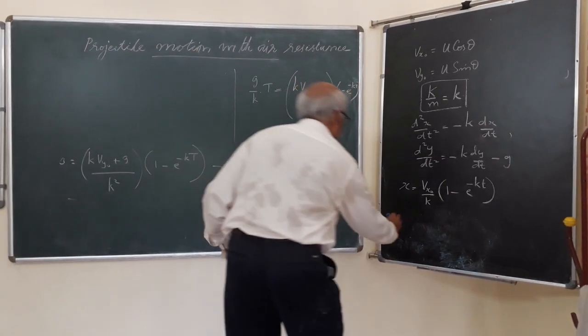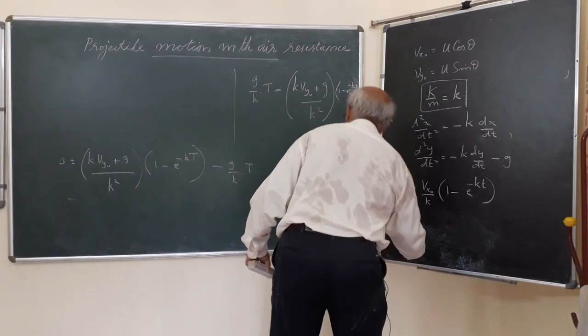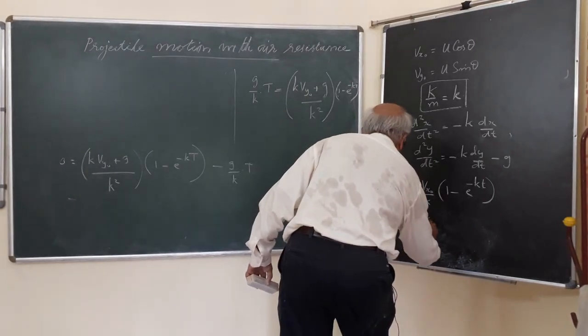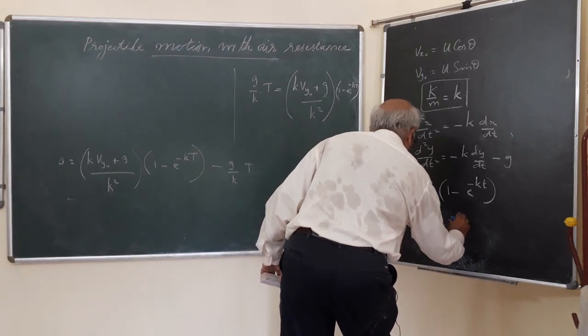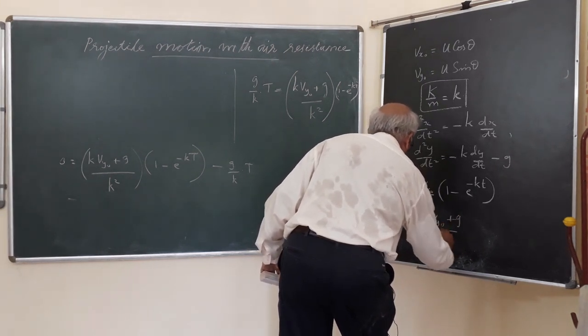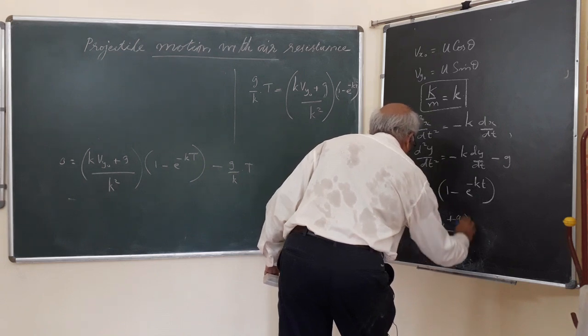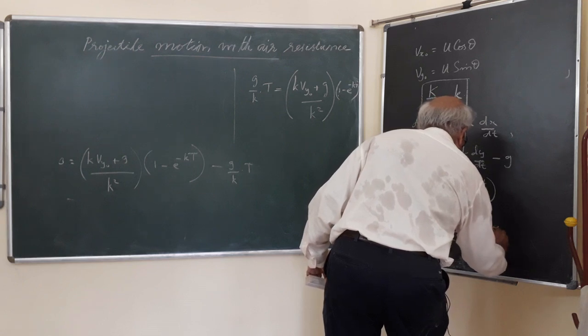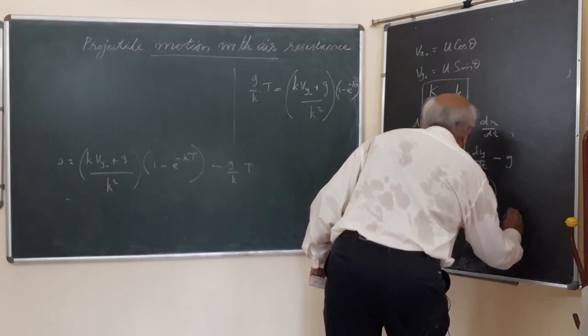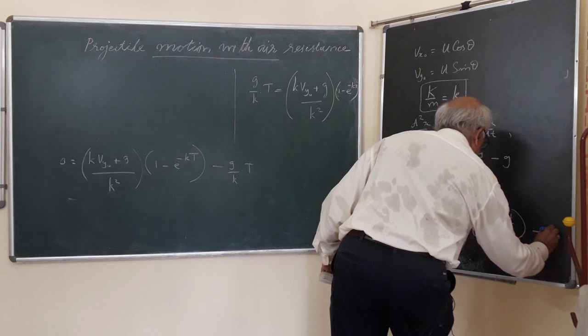The expression for y is (k Vy0 plus g) divided by k square into (1 minus e raised to minus kt) minus gt by k.